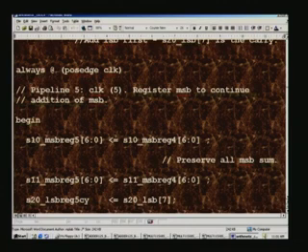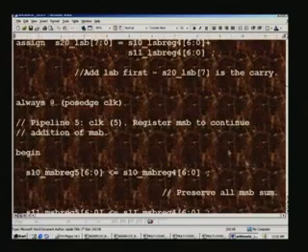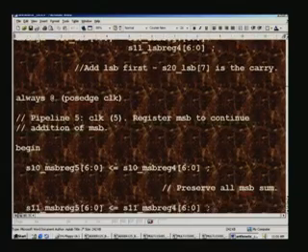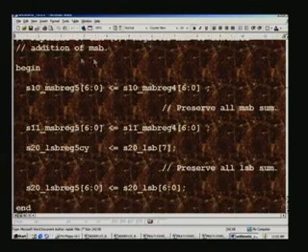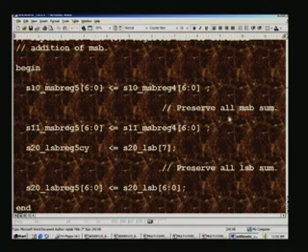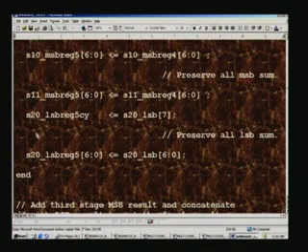So that we just preserve all MSBs here, and for S0 as well as S11, oh sorry, that is here. Addition of MSB, and preserve all MSB, and also the LSB sum here. So finally note that S20 is the output here.